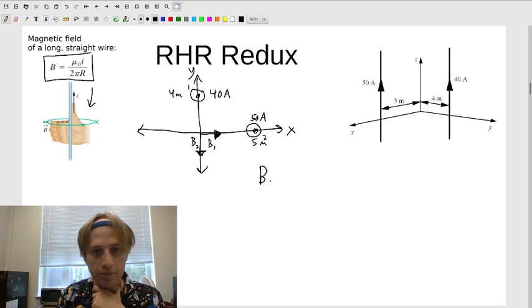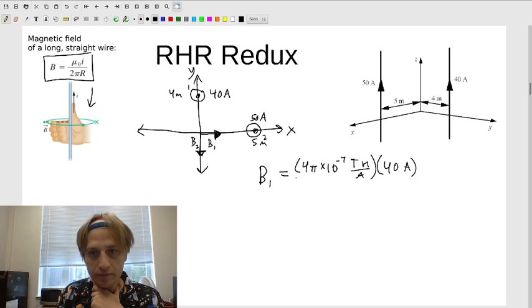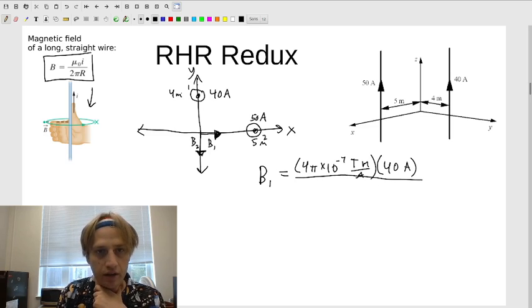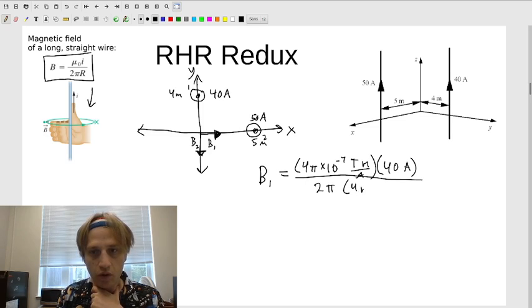In our B1, we can easily plug in the numbers here, because mu naught is going to be 4 pi times 10 to the minus 7th Tesla meters per amp. And then I, they give us as 40 amps. And then our distance here would be 4 meters. So we'd have 2 pi times 4 meters.